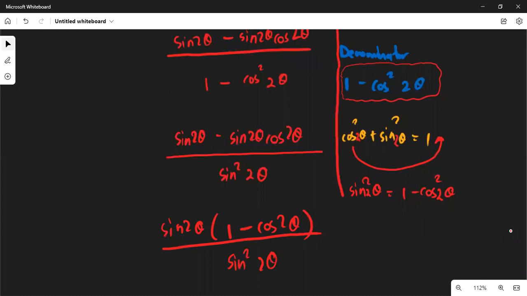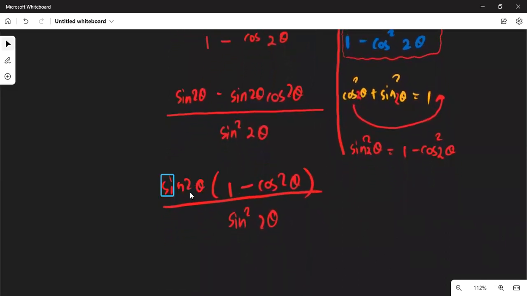All right. This part now we can just divide these two denominators. Okay, so we have got something of this nature here. We have got sine 2 theta here, but here there is a square. So the moment we simplify this, we're going to cancel this sine, which means you'll be left with one of these sine 2 thetas.